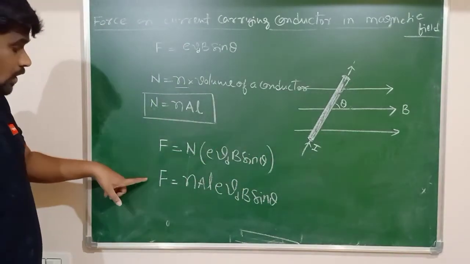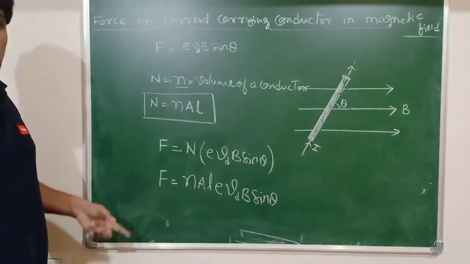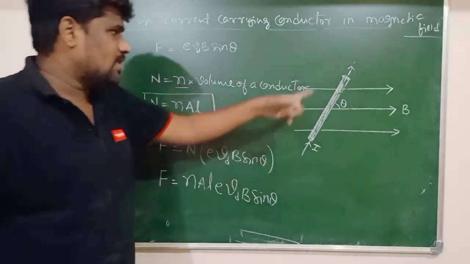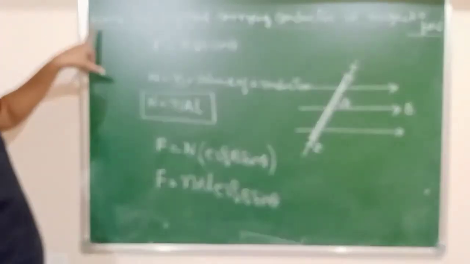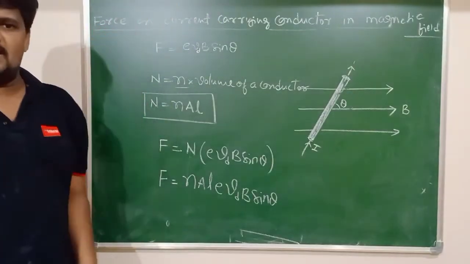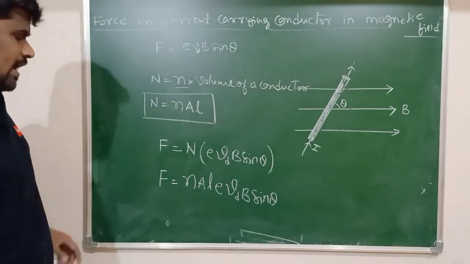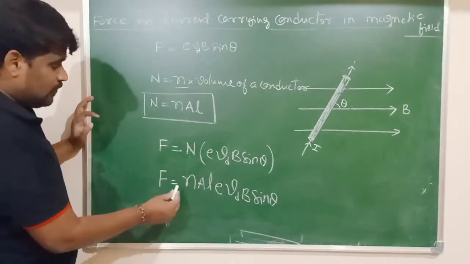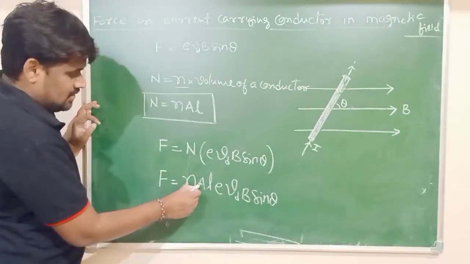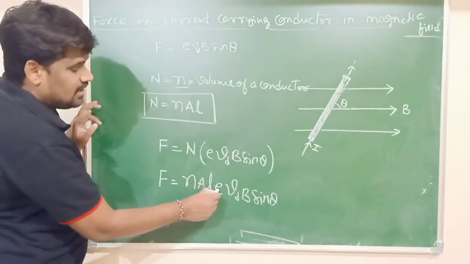What is it called? It is the total force acting on all free electrons which are moving in a conductor. It is also called the force on a current carrying conductor. The force on a current carrying conductor in a magnetic field is given by n A L e Vd B sin theta.